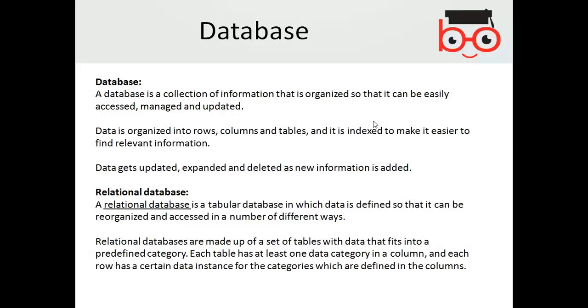So it becomes a relational database when it has at least one column having a category as well as one row as a field of the particular column. For example, customer ID is one column, and when you say customer ID CS12, then it is the field which is stored in the row.